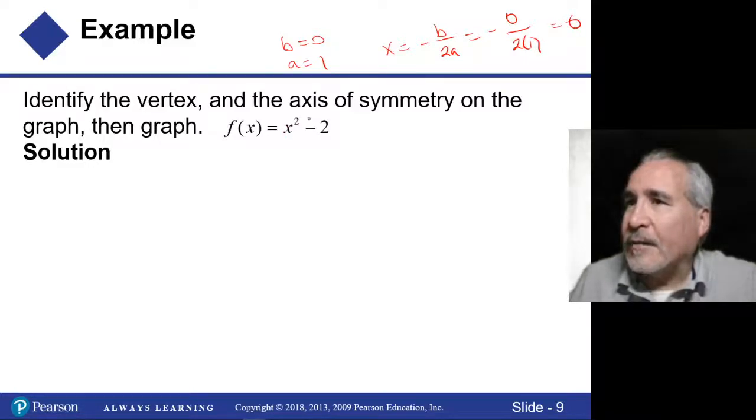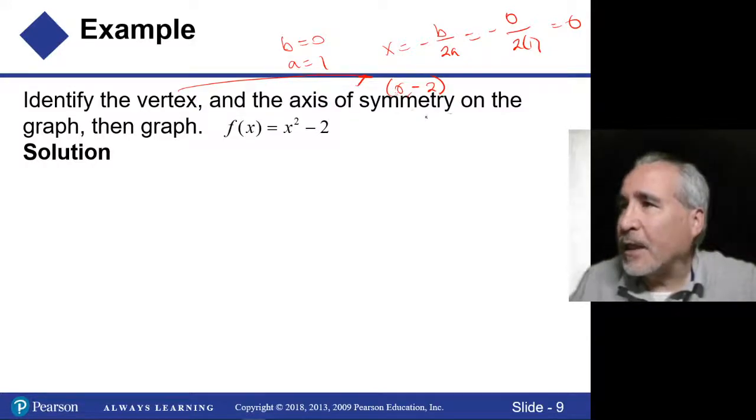And then to get the y coordinate, we plug in that 0, right, because that's the x coordinate. I'll just put it here. Plug in 0, 0 squared is 0, minus 2, minus 2 is the y coordinate of the vertex. So we have 0, negative 2, that's the vertex. Axis of symmetry, well, that's the x coordinate there, x equals 0.